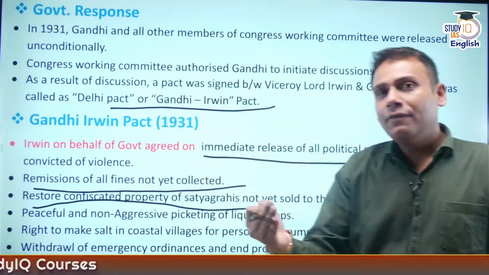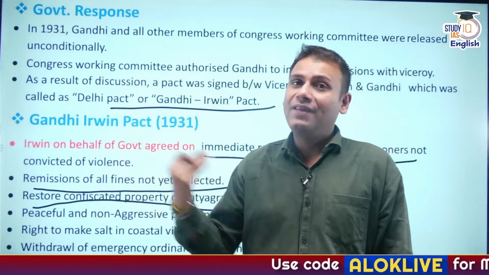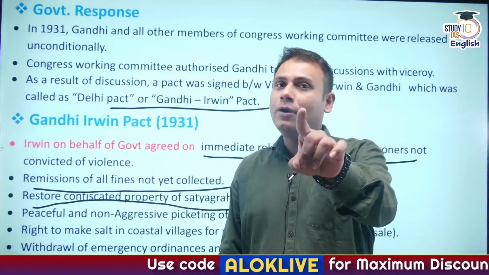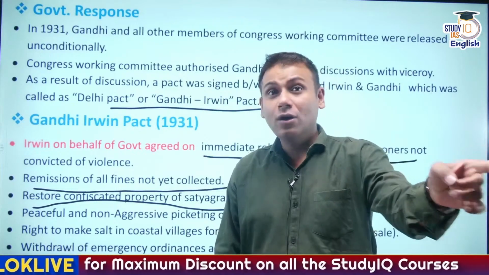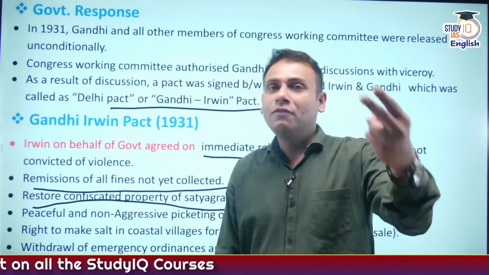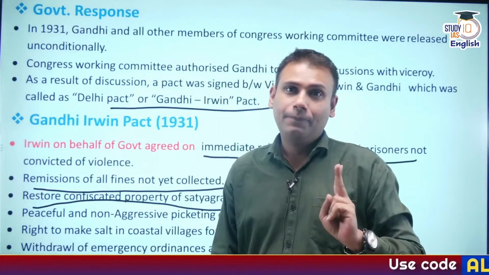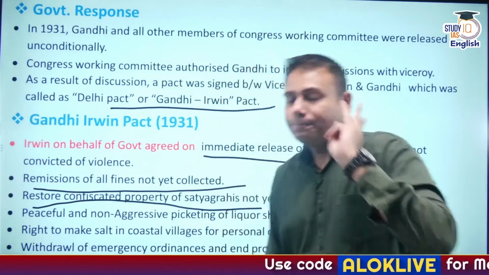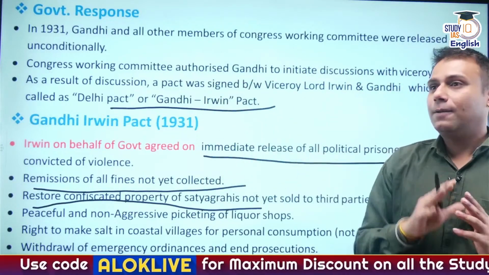So Mahatma Gandhi, on behalf of the Indian National Congress, demanded in front of Lord Irwin, the Viceroy at that time, that all the political prisoners who are not guilty of violence be released, since the movement is based on ahimsa. Second, restore all the confiscated property if it is not yet sold to a third party. Correct? Then, whatever fines have been imposed, revoke them.